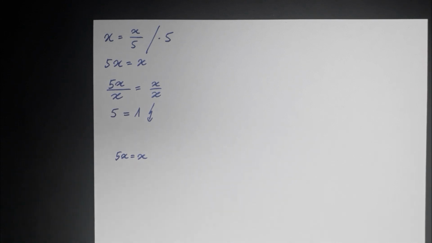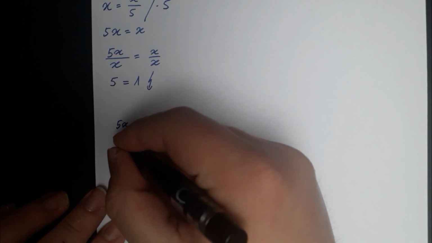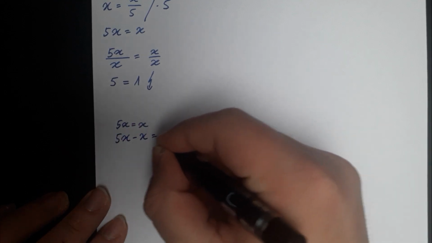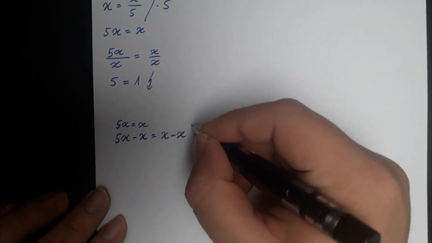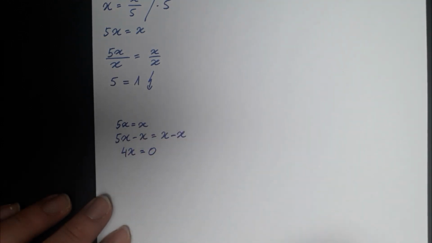So we are going to take this x from the right side of the equation and put it on the left side. We can do that by subtracting x on both sides. So we have that 5x minus x is equal to x minus x, which is 4x is equal to 0.